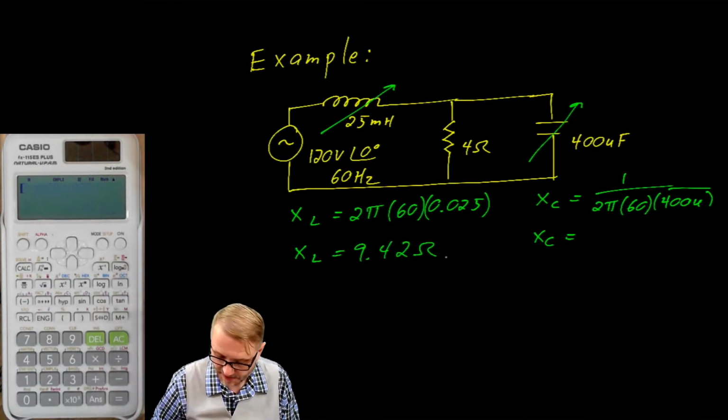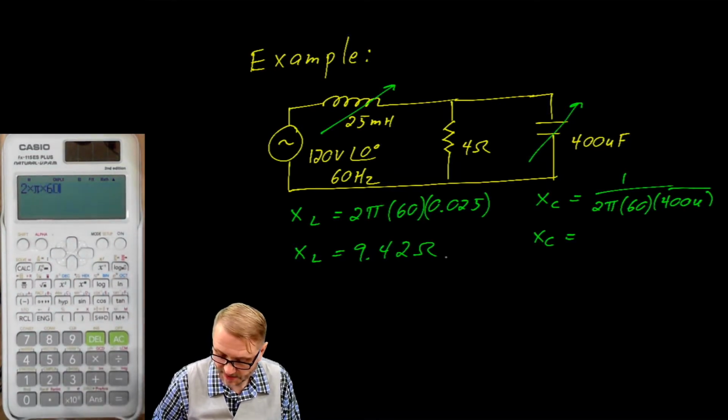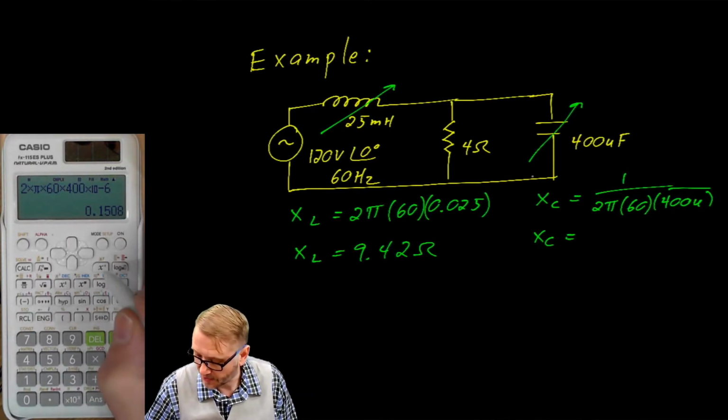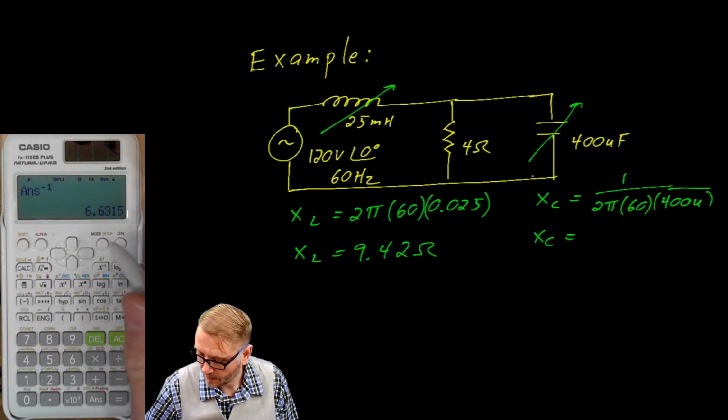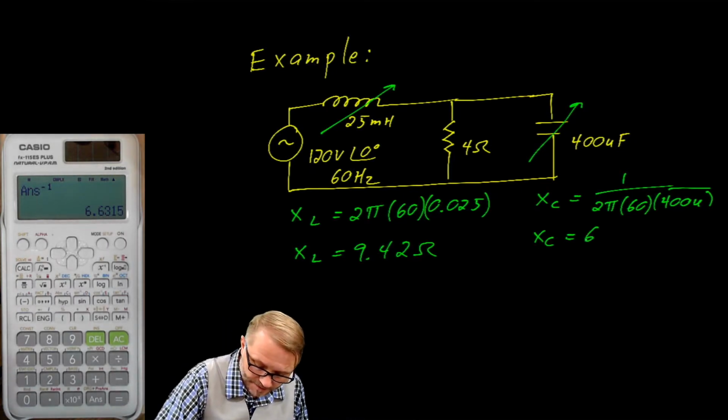And for the capacitor, 2 times pi times 60 times 400 times 10 to the negative 6 gives us the first part, but now we need to do the inversion. It gives us 6.63 ohms.